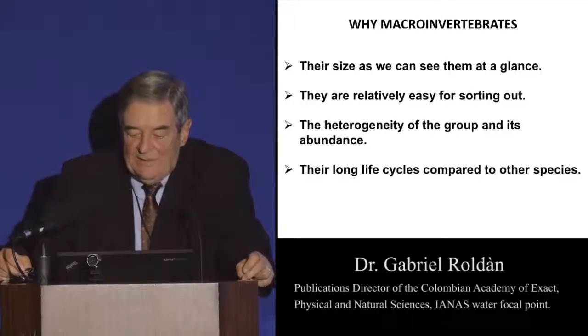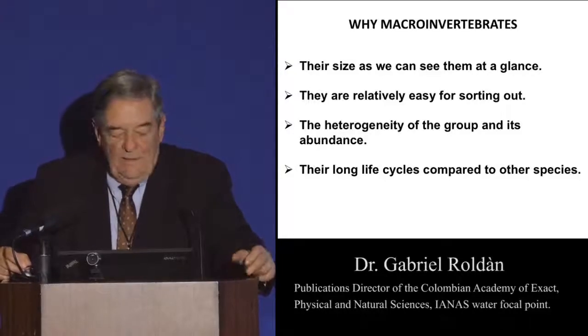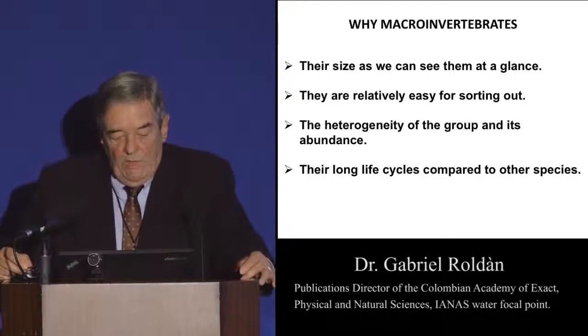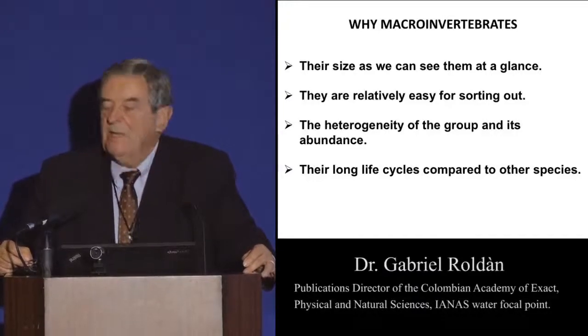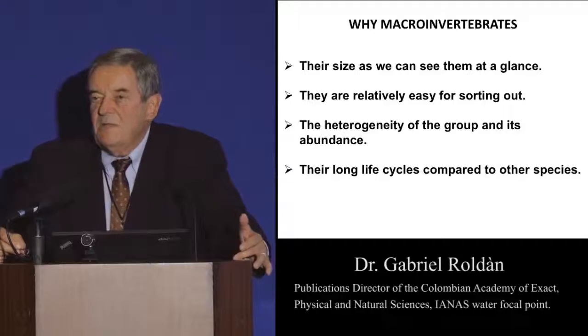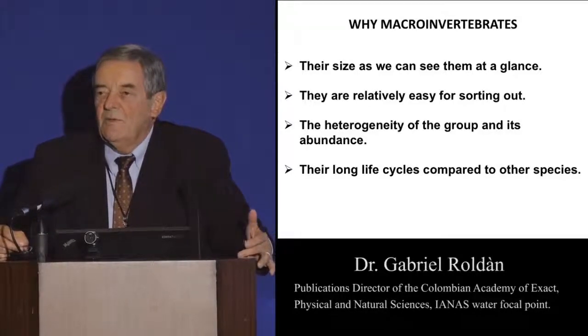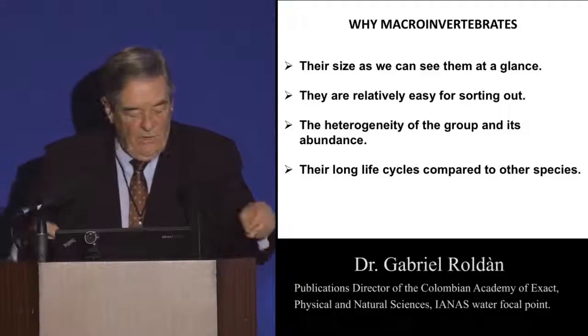The heterogeneity of the group and their abundance: they are very abundant and the same in all parts of the world. And they have long life cycles compared with other species. Long life cycles means 3, 4, 5 months instead of a few hours in some microorganisms.